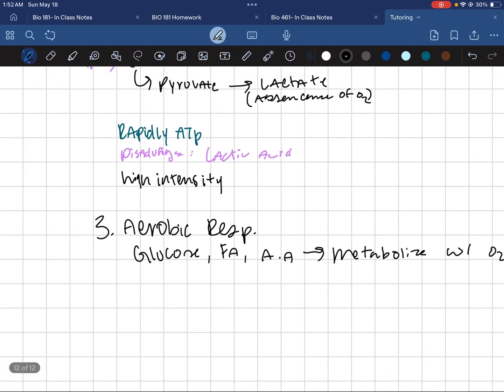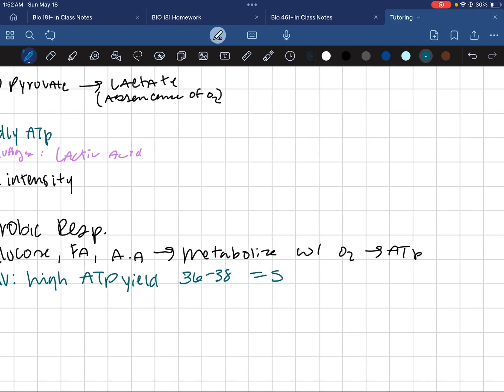Some of the advantages of this one would be that we have a high ATP yield, so 36 to 38, which makes it sustainable.